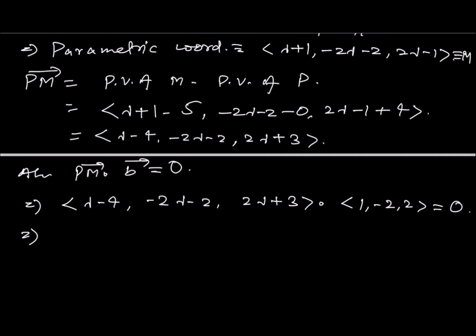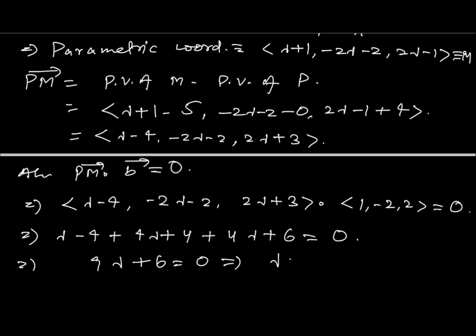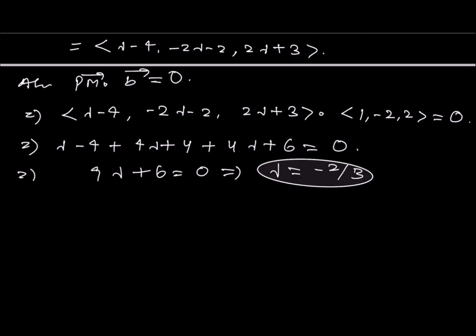So from here I can get lambda. This is lambda minus 4 plus 4 lambda plus 4 plus 4 lambda plus 6 is equal to 0, or 9 lambda plus 6 is equal to 0. So lambda is equal to minus 2 by 3.